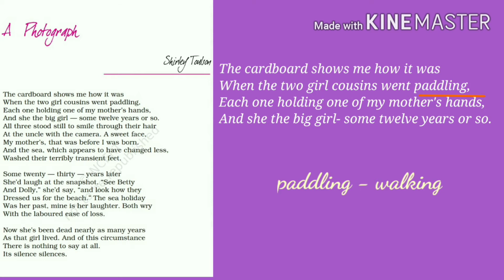When she saw that old picture, the poetess could imagine how her mother and her two cousins spent their time near the seashore, each one holding one of my mother's hands, and she the big girl, some twelve years or so. This photograph was taken by their uncle, and out of these three girls, the poetess' mother was the older and the taller.